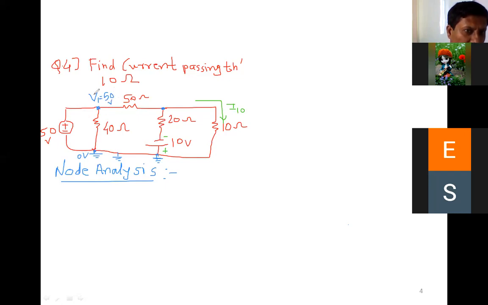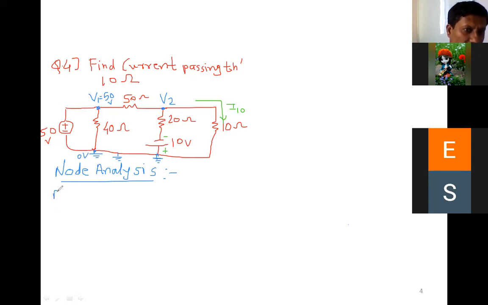By using nodal you cannot find out this current. There is no resistor here. But by observation I can tell that the voltage across this 40 is nothing but V1, because the 50 volt source is exactly in parallel. That's why V1 is 50. So V2 is mentioned here. So 2 steps are over now. In the third step we are following, V1 we got.